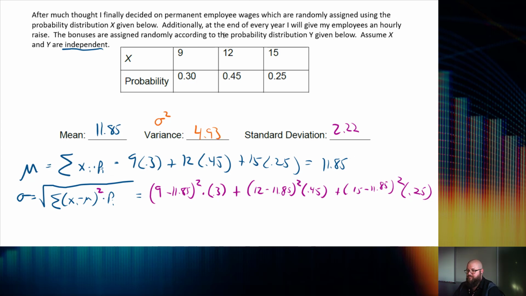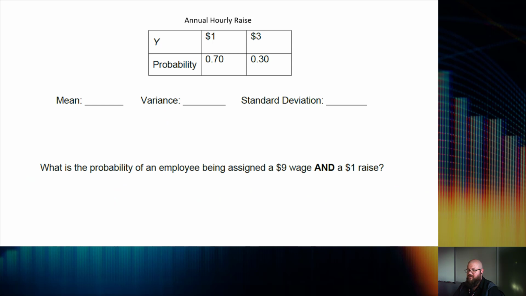Okay, so we got those set up, and we're going to see what happens when we change these values. Let's say the annual hourly raise. What's going to happen to these values? Let's find the mean, variance, and standard deviation for these y values. For our mean, we simply take $1 times 0.7 plus $3 times 0.3.